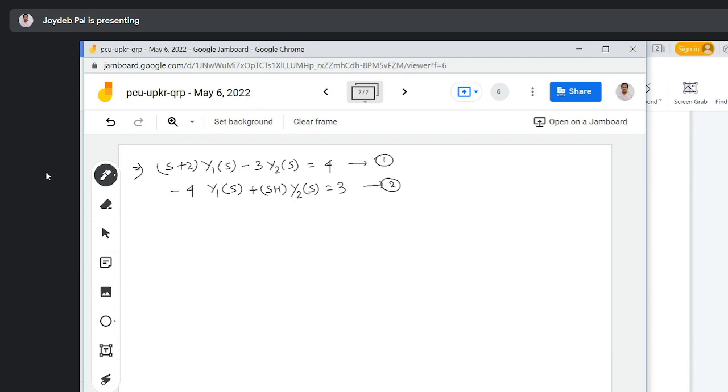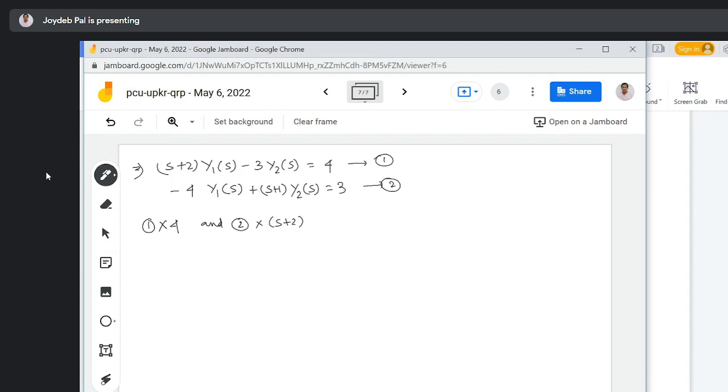If we eliminate Y1, then what do we need to do? Equation 1 into 4 and equation 2 into (s plus 2).